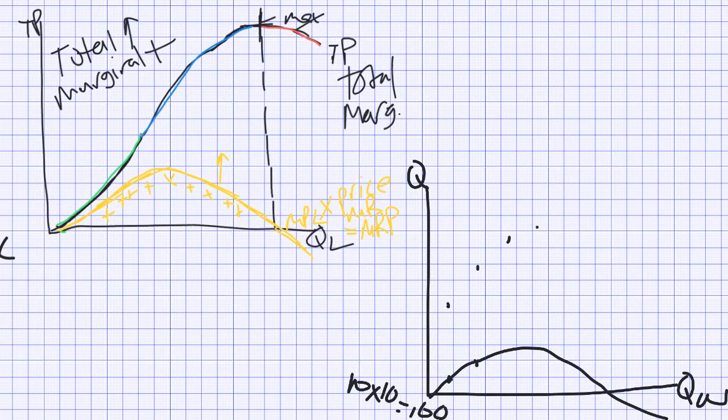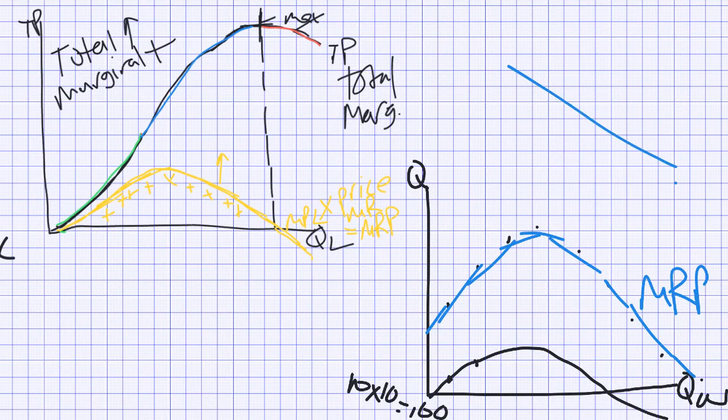And then 500, and then 400, 200, 100, 50, 0. And this line, this blue line, is going to be my MRP line. Sometimes you'll just see it downward sloping, MRP, but a lot of times we'll do it like that because of increasing marginal returns and then diminishing marginal returns.